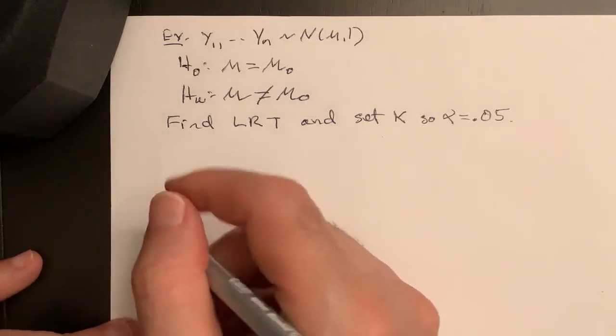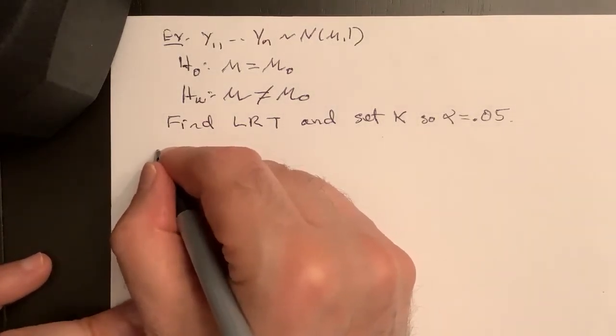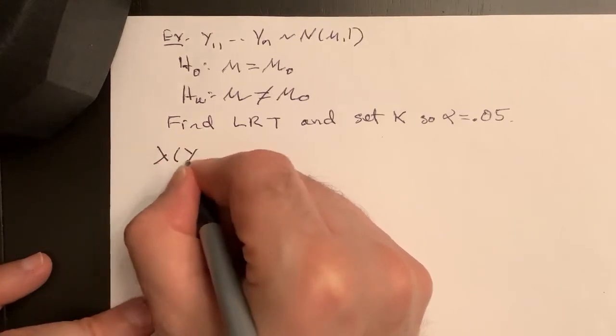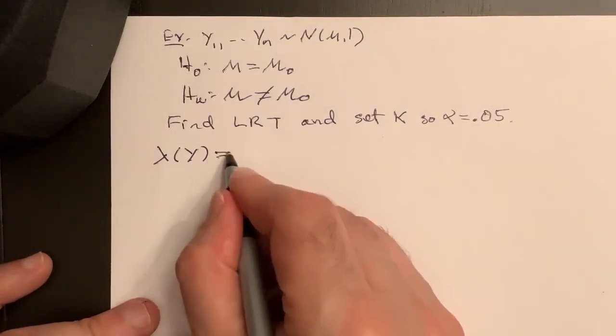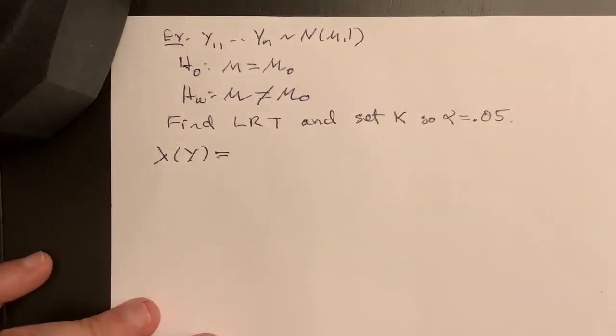So to start, we have Lambda y, right, is the ratio of the two likelihoods. Okay, the likelihood over the set of mu under the null hypothesis. So what possible values can mu take on in the null hypothesis?